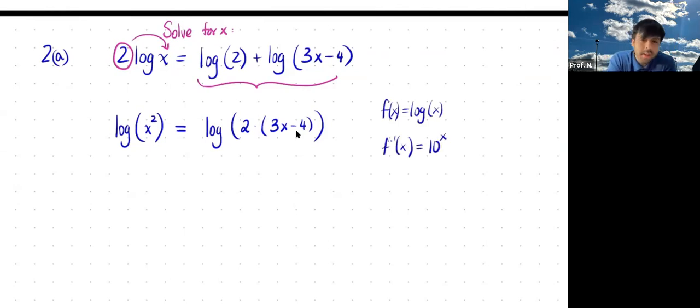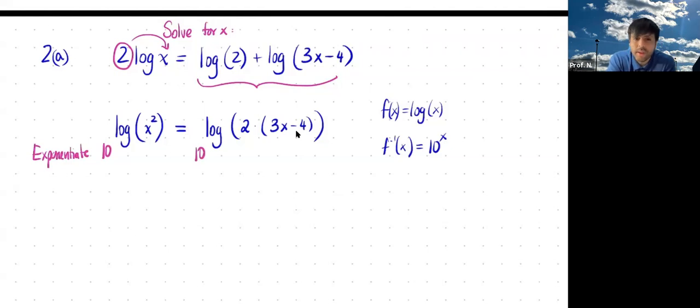And what do you know about applying a function to the inverse, or the inverse to the function? They cancel each other out. So this is when you quote unquote exponentiate. You take 10 and raise it to that power, and it cancels out, and it becomes x squared equals 2 times 3x minus 4.